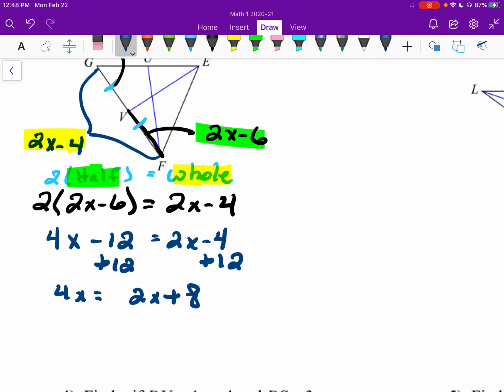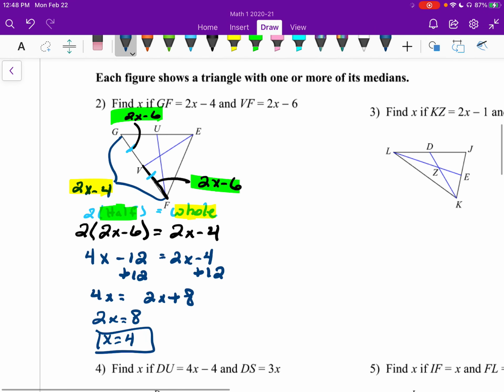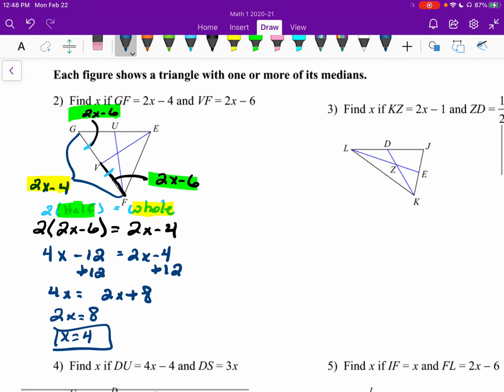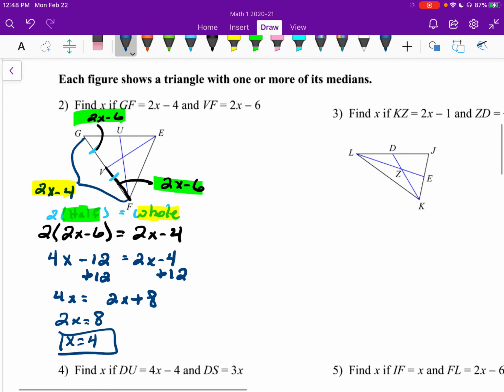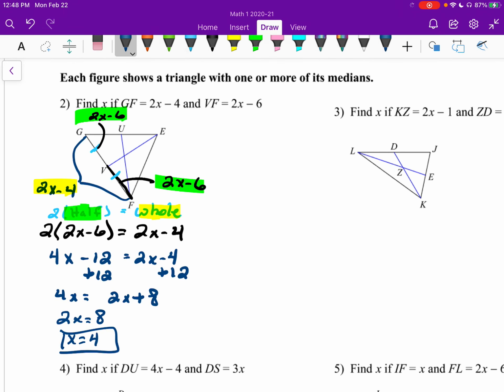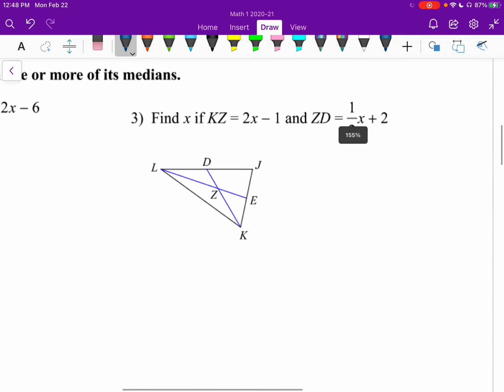I'll subtract 2x to the left, and I have, well, 2x is 8, and x is 4. All right, so that's the first piece. That's where I think a lot of your problems are going to end up falling in that category, that way of doing them. Now there's also number 3, and I think it's going to be a little bit different.